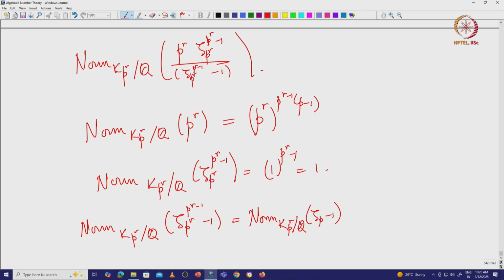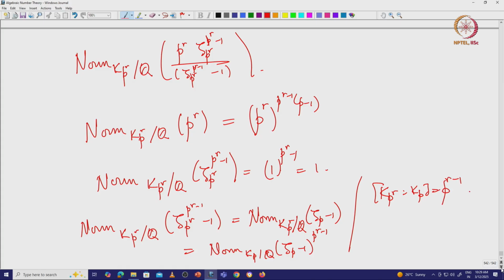Because this quantity ζ_{p^r}, if you raise it to the pth power, you get ζ_{p^{r-1}} and so on. So this is the same as this, and so this thing is the norm from K_p over Q of ζ_p − 1 to the power p^{r-1}, because of the degree. This is because the degree of K_{p^r} over K_p is p^{r-1}.